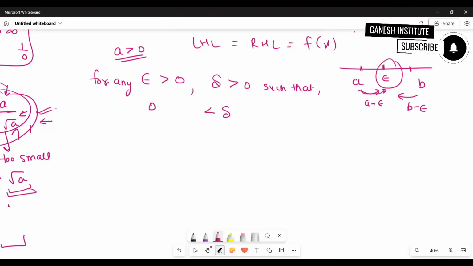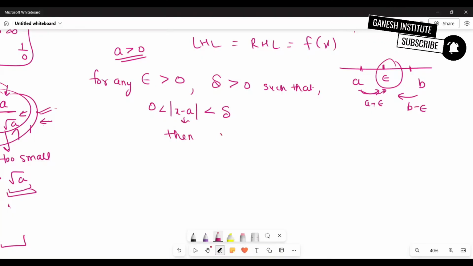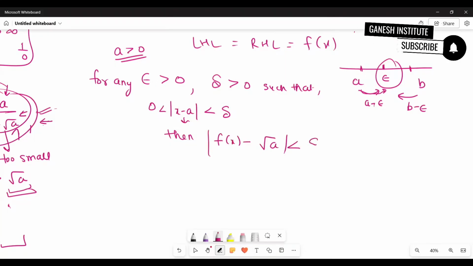These are two ranges in which that function is lying, the absolute value of the function lying. Then if you substitute this as f(x) minus root a, this is lesser than epsilon. This is what the definition says.